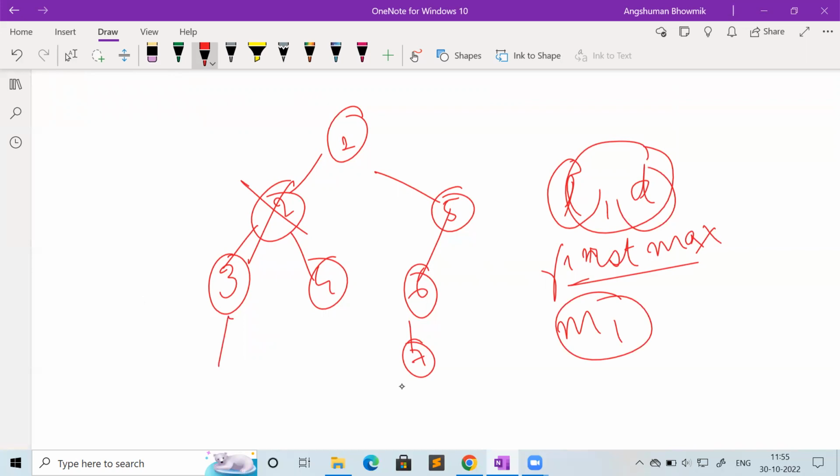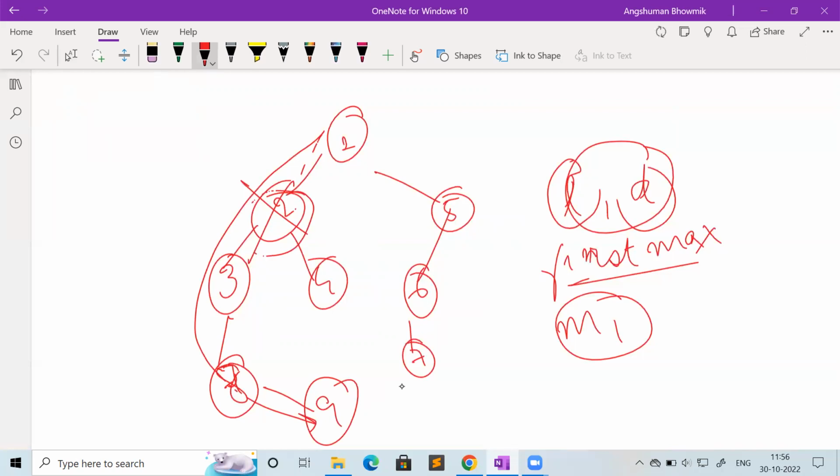It might happen that 3 is connected to 8 and 8 is connected to 9, and in that case the path from 1 till 9 would be the height of the tree, and this means that 2 is contributing to the overall height of the tree.